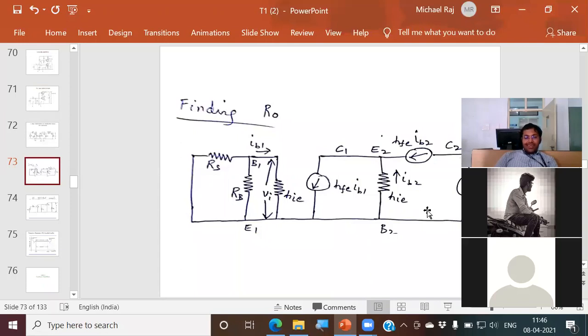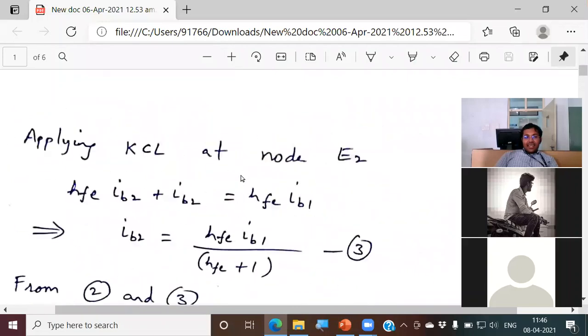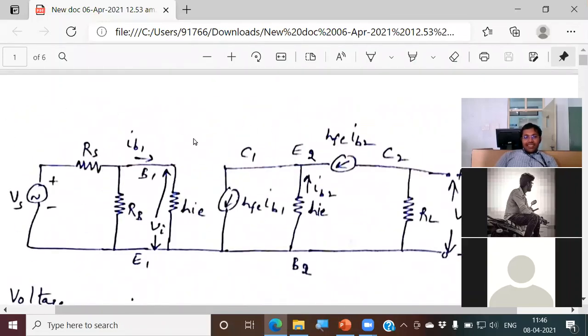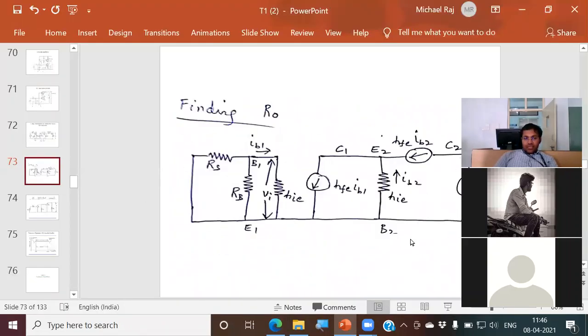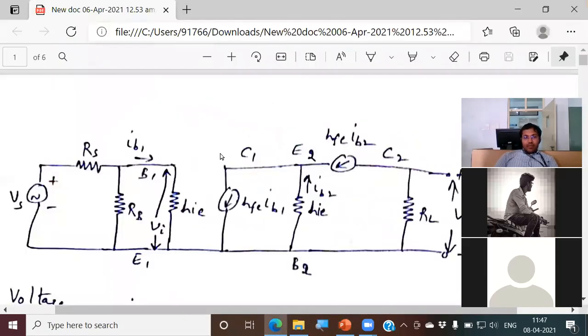Now, see here. To find R0, to the existing circuit, we made modifications. However, this part is still intact. We did not make any changes here. We made changes here, here, and here.